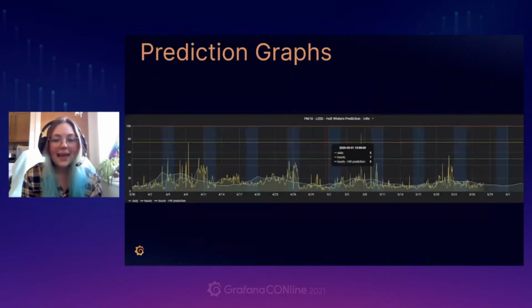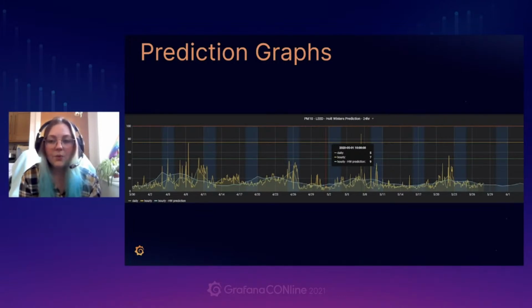And so here is the supervised machine learning prediction graph. You can see we've got daily, hourly, real data, and then we've got the blue line, which indicates the predicted data. This used the Influx Holt-Winters feature, which again is plotted on the Grafana dashboard here.